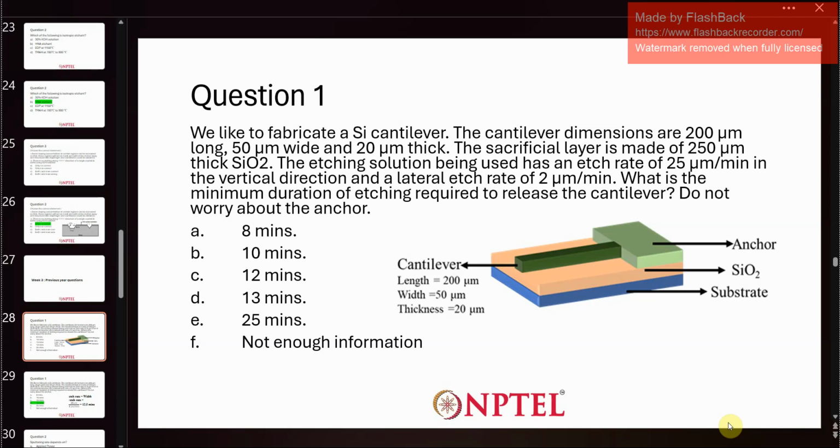What is the minimum duration of etching required to release the cantilever? Do not worry about the anchor. You have to calculate. The options are: 18 minutes, 10 minutes, 12 minutes, 13 minutes, 25 minutes, not enough information.